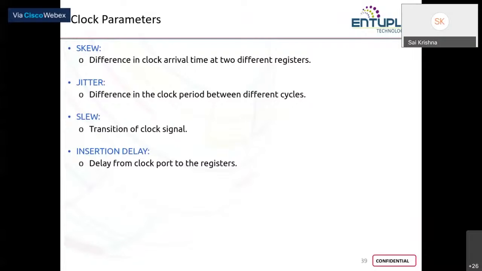What is the identification of your clock tree? If you have, there is something called clock gating. So how is that clock gating happening? All this is given in your clock specification. So based on this clock specification, your clock tree is built.